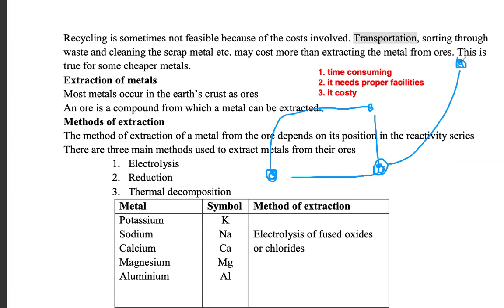Remember, these metals are in the deepest of the soil. We have to dig, we have to get them, we have to purify them. Therefore, the method by which these metals are separated from their impurities is what is called extraction of metals.